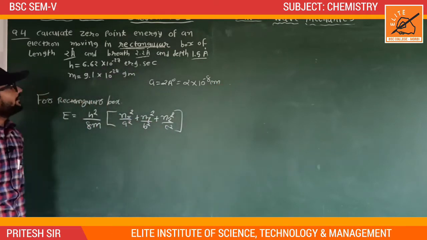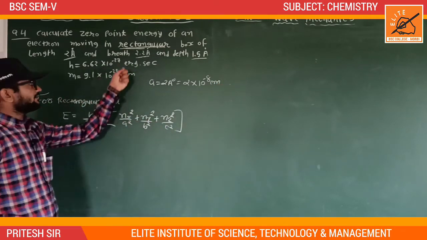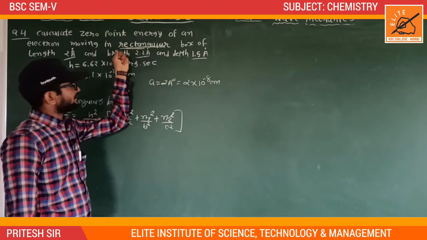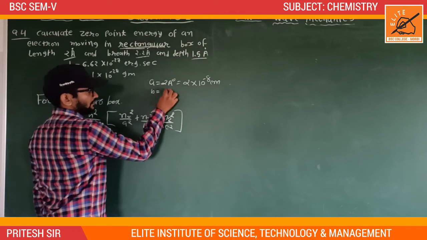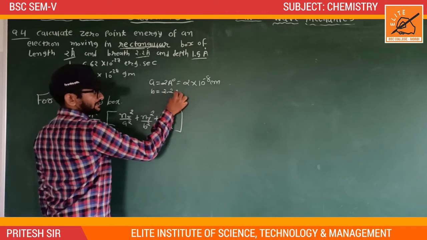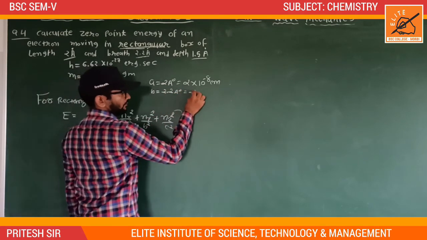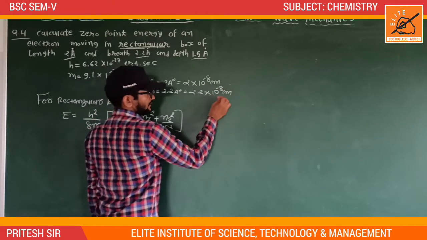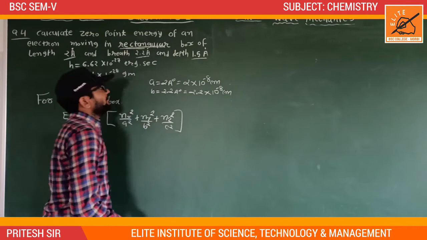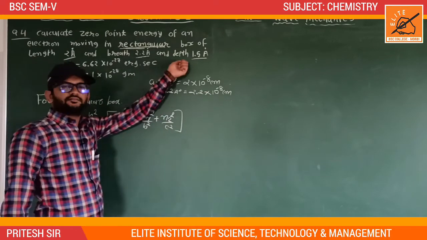Okay, and breadth and width are both the same for a rectangular box. So b is equal to 2.2 angstrom, which is equal to 2.2 into 10 to the power minus 8 centimeter. Okay, and depth and height are both the same.